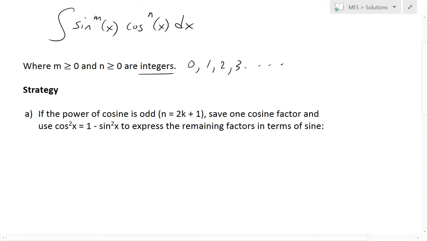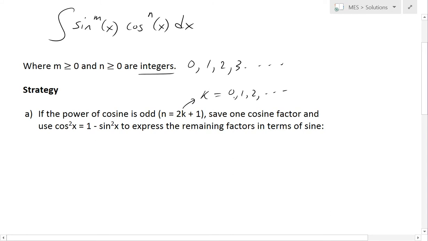If the power of cosine is odd, for example n equals 2k plus 1, where k is also an integer greater than or equal to 0, so k equals 0, 1, 2, etc. If you put a 0, n is going to be 1.